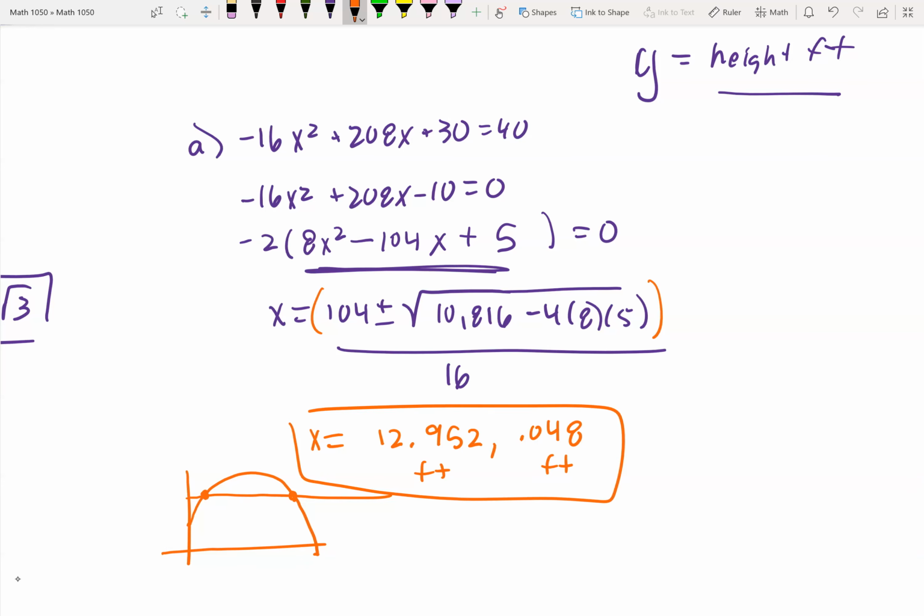If you hit store right here, enter, and then go negative 16, memvar, enter, x squared, plus 208, memvar, enter, plus negative 10, and I should get a 0, and I did. And you can check the other one as well, okay?